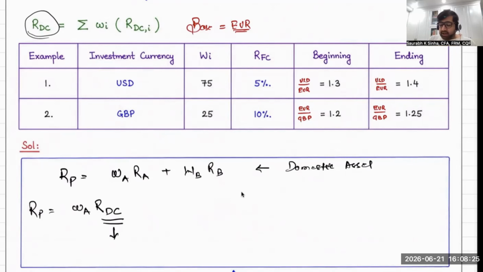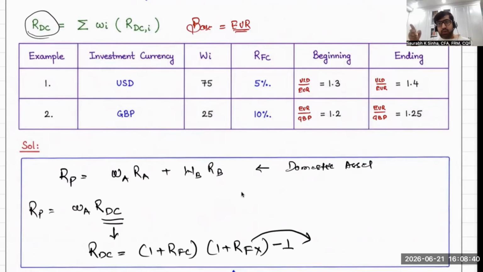And we just saw that the return in the domestic currency is equal to (1 plus RFC)(1 plus RFX) minus 1. And I can use it directly only if, the nuance that we have discussed, the nitty-gritties, I can only use it if the foreign currency is given in the quotation as a base currency.